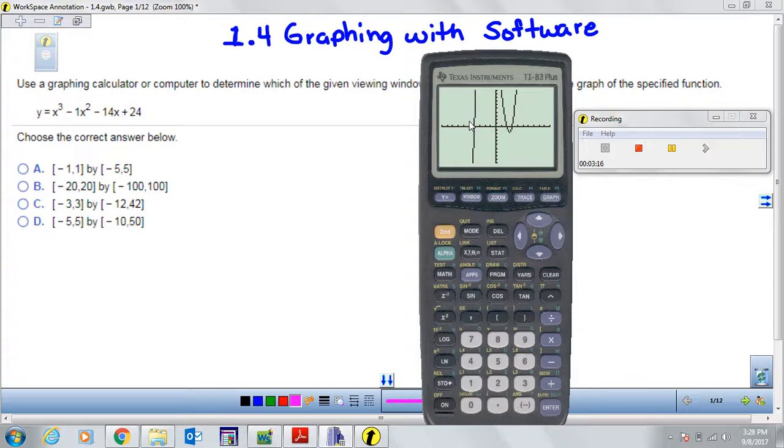So we would like to see from negative 5 on the x-axis all the way to, let's say, 4 or 5 would be perfect, because up to 5 on the positive x-axis we can clearly see this curving and getting wider, right? Maybe at 4 we're going to cut it too soon, and we're going to miss a little piece of the curve. So the only option as far as the first interval from these 4 options, the one that looks more like what we need, is the last one, letter D, negative 5 to 5 on the x-axis.